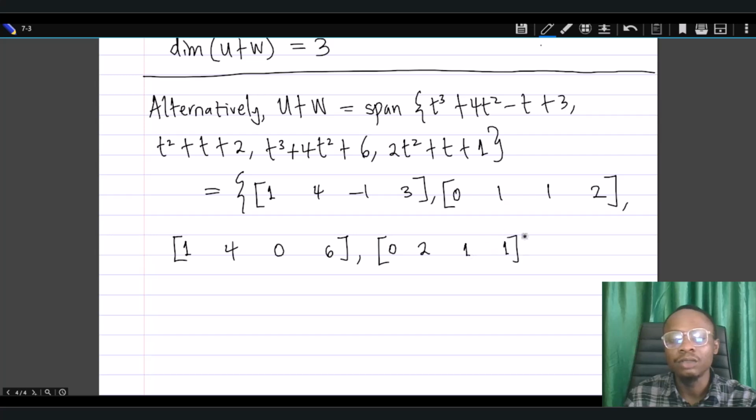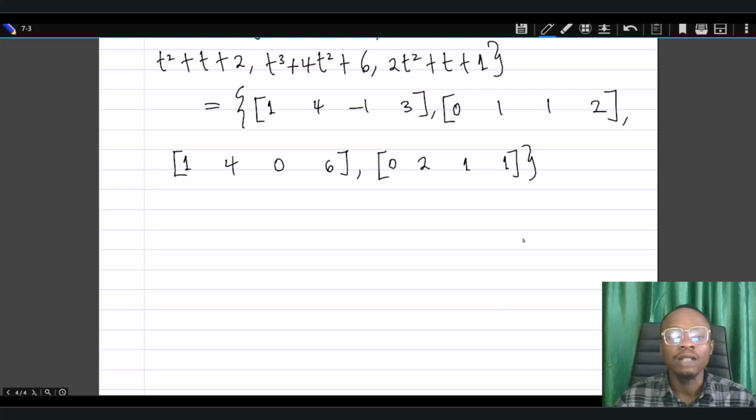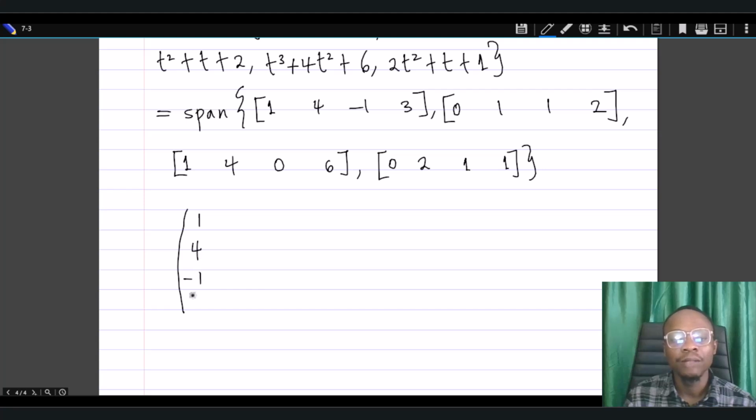Okay, so this is basically what we are talking about. So this is spanned by these vectors if we put them or look at the structure this way, right? And if that is the case, then we can form a matrix by using these as column vectors for that matrix. So the first column is 1, 4, minus 1, 3.